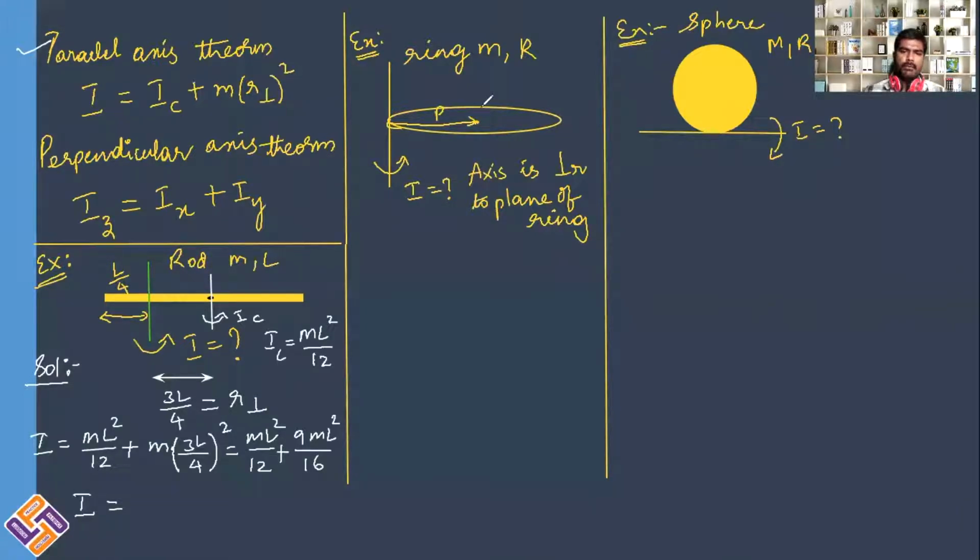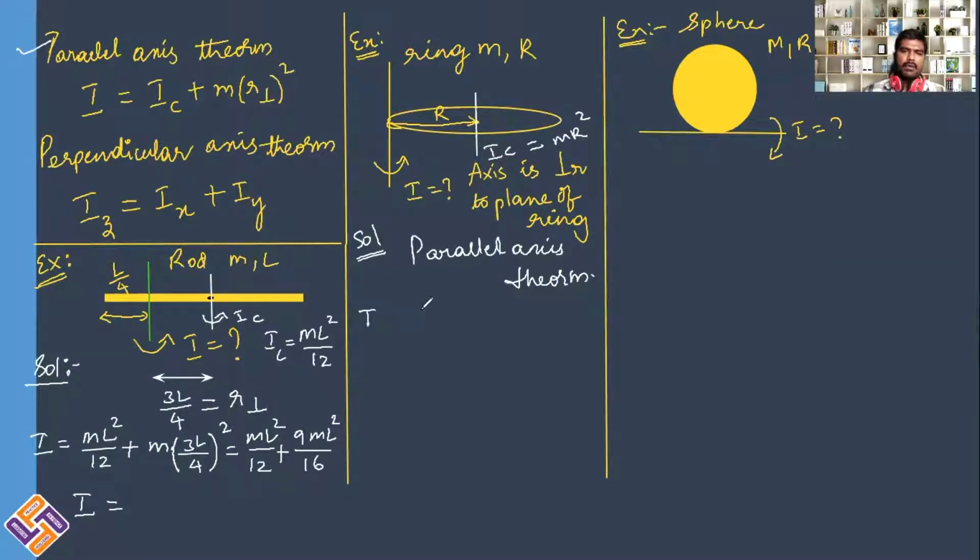I want to now calculate the moment of inertia. In order to calculate it, you can use the parallel axis theorem here also, because we know the moment of inertia with respect to the axis about the center. For a ring, the axis about the center gives MR square. We know that formula. Therefore we can use the parallel axis theorem.